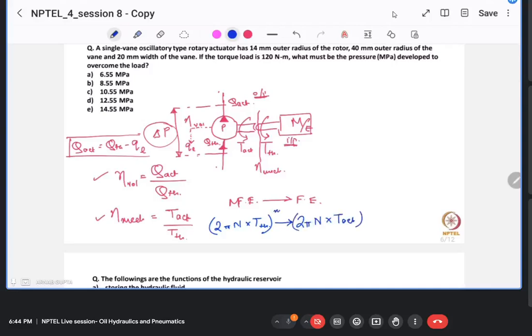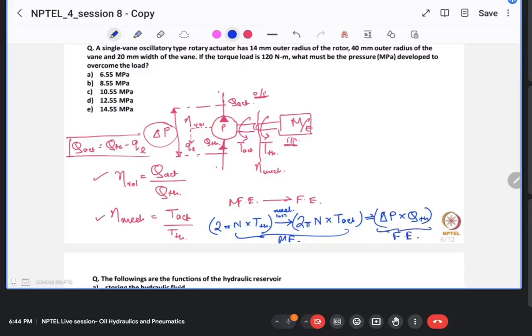This is the mechanical loss. Now this is the mechanical energy converting to fluid energy, that is delta P into Q theoretical. This is the fluid energy.